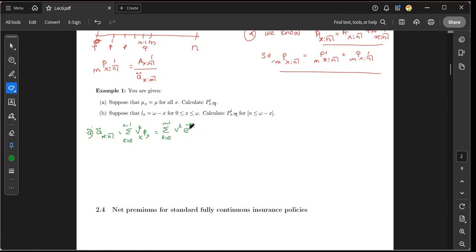k goes from 0 to n minus 1, and this is a summation of this finite series.